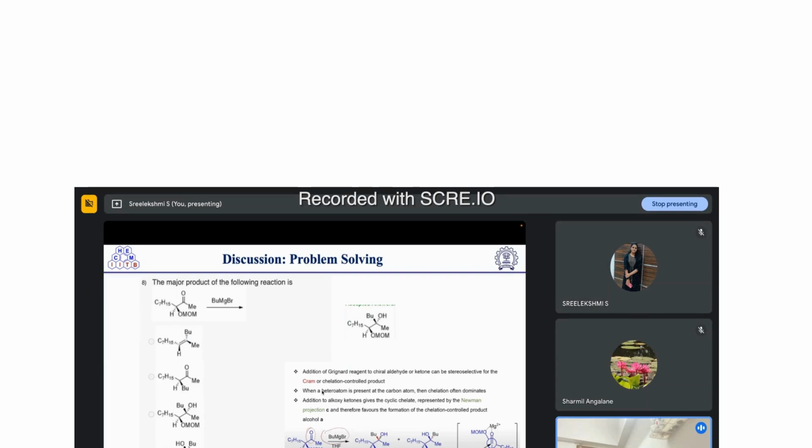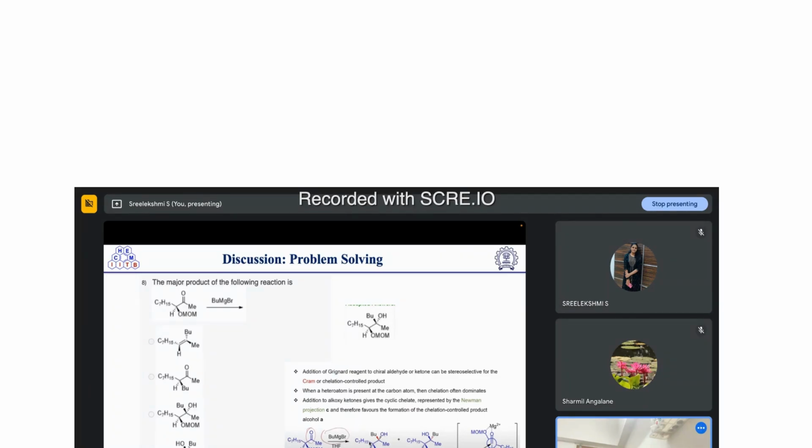So here I have given that when a heteroatom is present at the carbon atom, then chelation often dominates, and addition to alkoxy ketones gives the cyclic chelate represented by the Newman projection, and therefore favors the formation of chelation control product alcohol A. So through this side, this butyl group will be attacking, and we will be getting this as a major product.